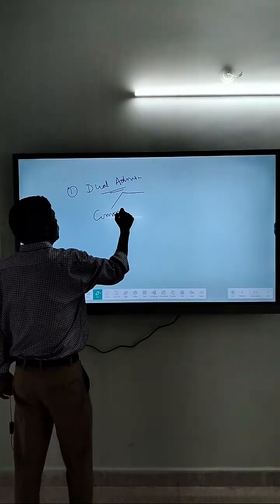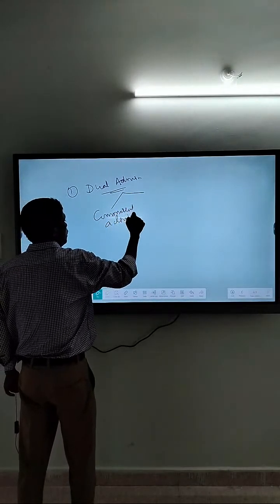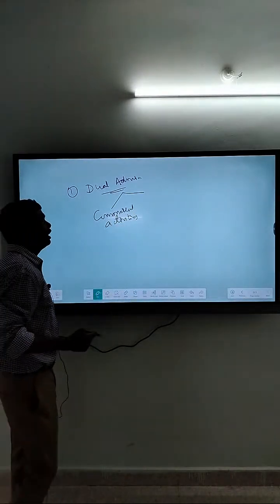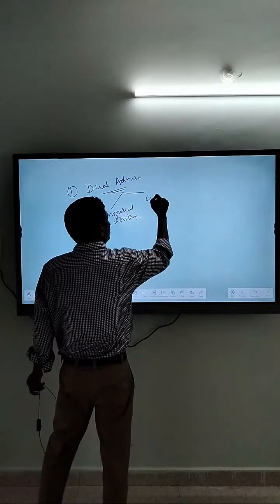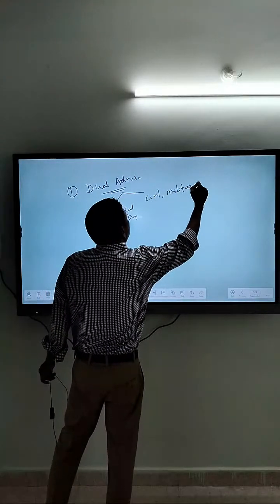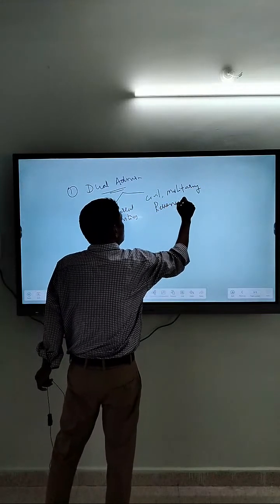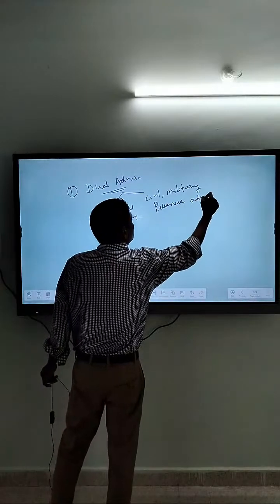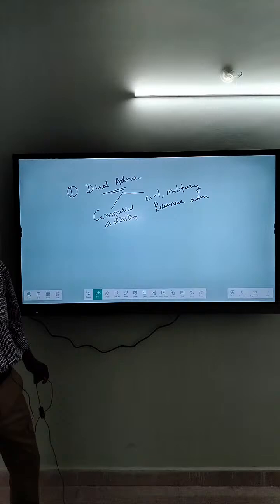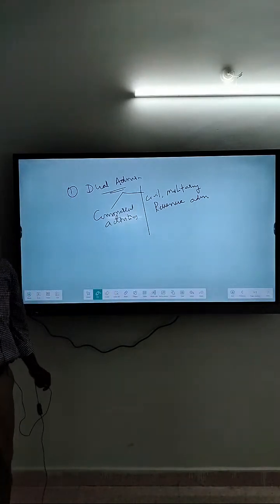On one hand we have commercial activities. On the other hand we have civil, military and revenue administration. So we see a division in these functions.